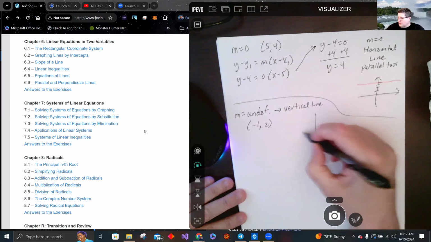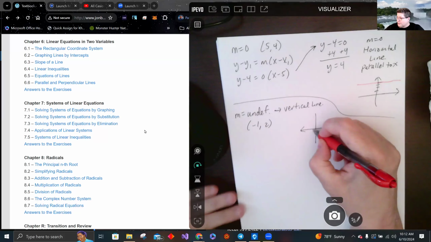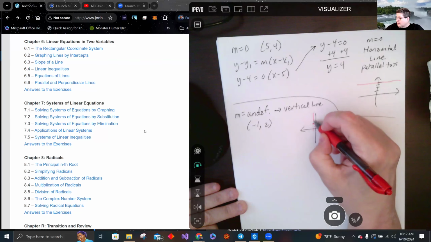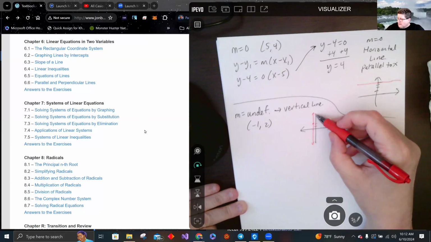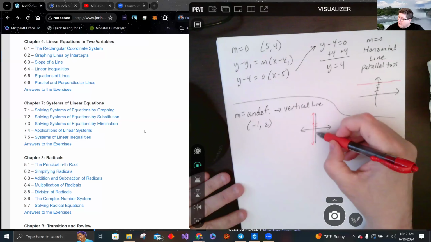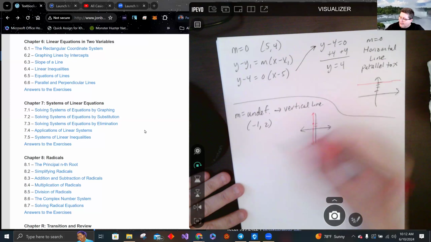And if it helps you, sketch a vertical line: go to (-1, 2) and make a vertical line. This line runs parallel to y. It's perpendicular to x. Everything on this line has an x value of -1.